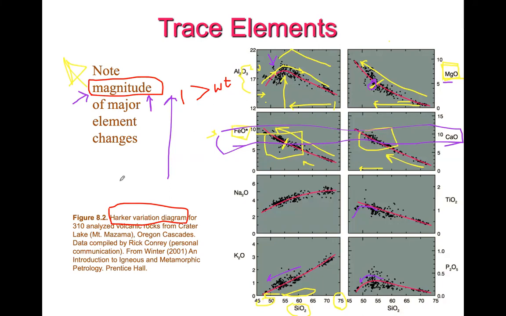So this characteristic feature, which is possessed by the trace elements, is an advantage for us to understand trace element behaviors in igneous systems. So the magnitude is very important. The magnitude variation in major elements is comparatively little than what you see in trace elements, right?